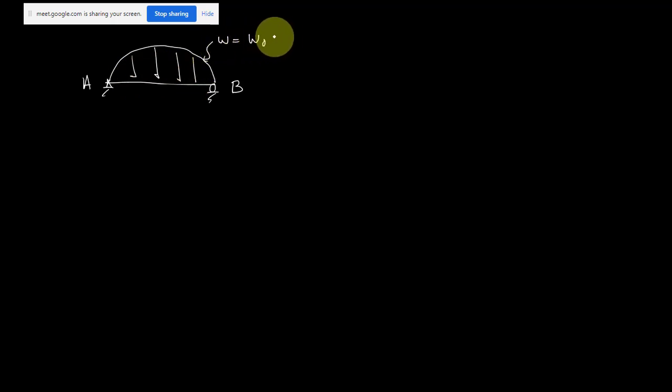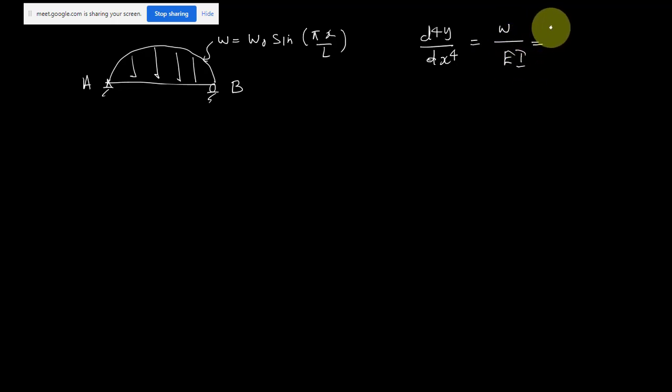So this is your question, beam AB, and the loading is like this. The load is W equal to W0 sine of pi x by L. So we got the equation d raised to 4y by dx raised to 4 equal to W by EI, which is W0 sine of pi x by L divided by EI.